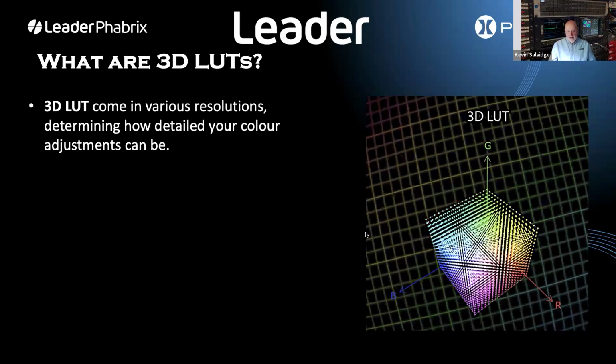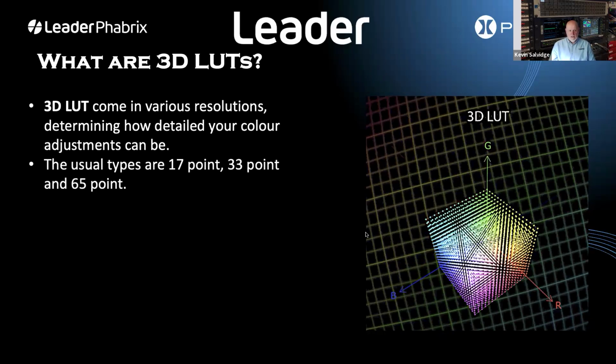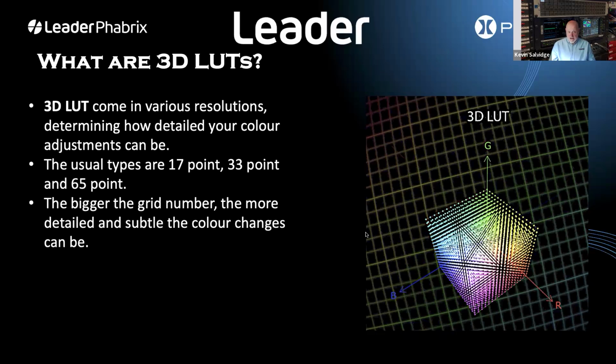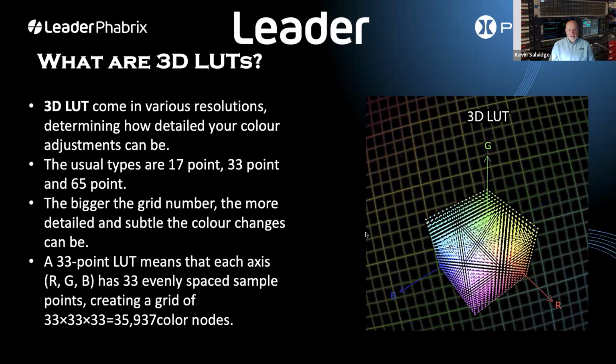So as I said, the 3D LUT, and you've given a sneak peek on this already, comes in various resolutions. And their usual types are either 17 point, 33 point, or 65 point. The bigger the grid number, the more detail and more subtle the color changes can be. And it's pretty common now, isn't it?